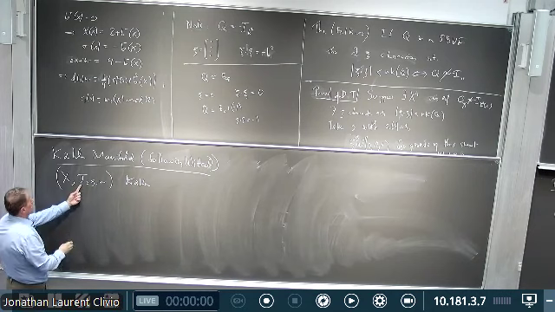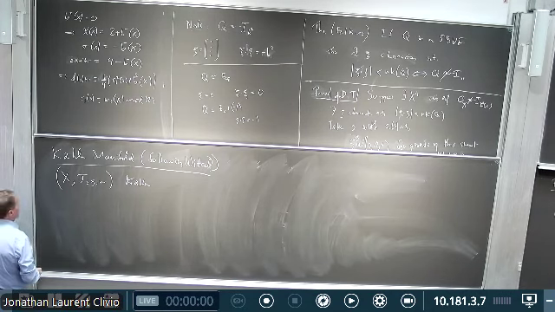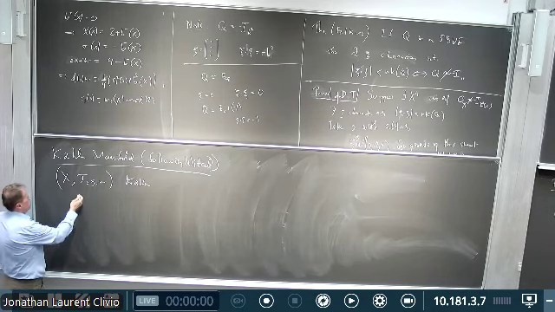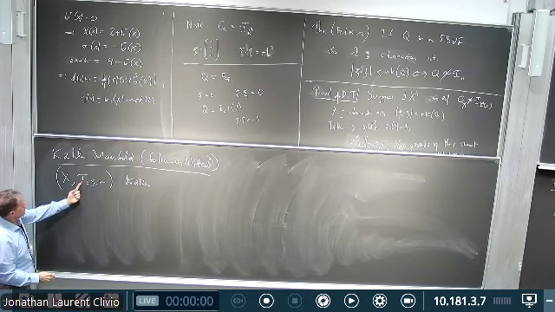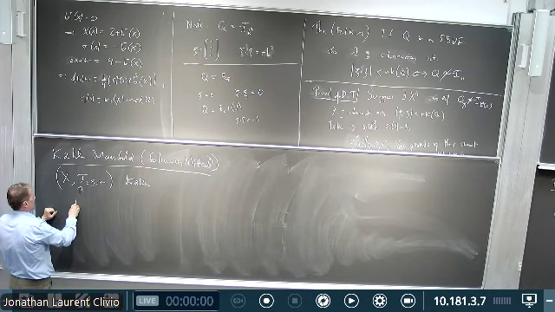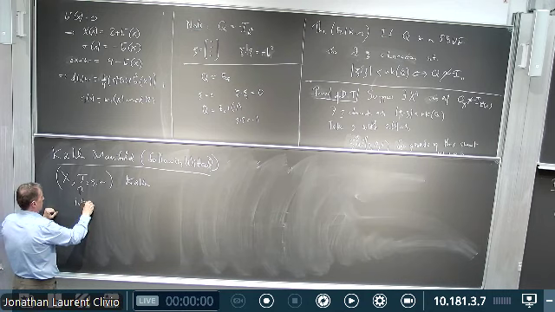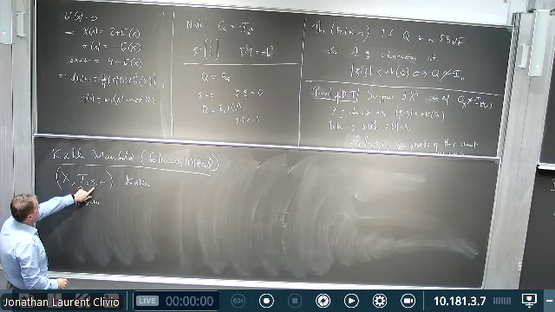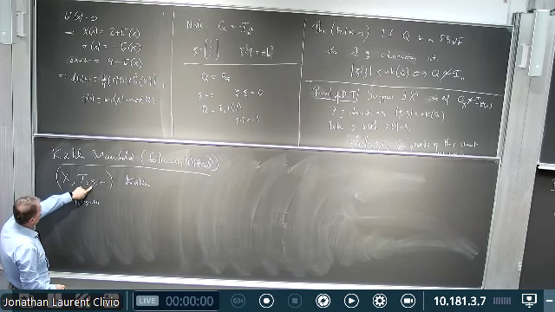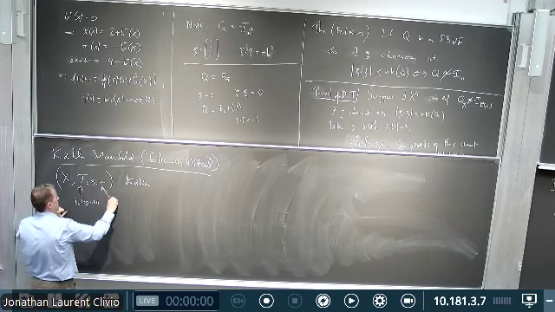It's got a complex structure, called J. It's got a Riemannian metric, and it's got a symplectic form. The complex structure is supposed to be integrable. It's really complex coordinates. This is a symplectic form.